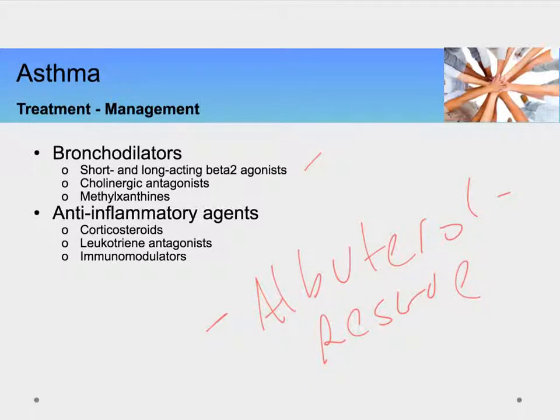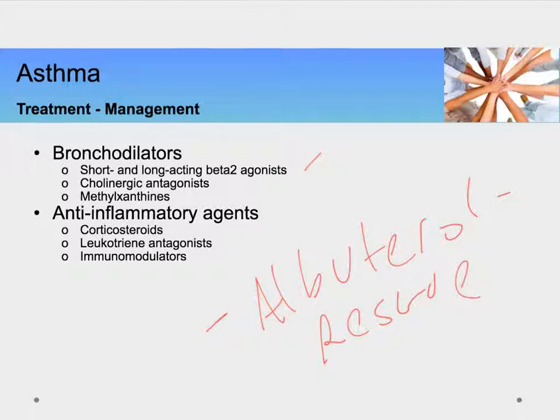Bottom line here really is that we have to educate our patients about the proper use of inhaled medications. There is a proper way to use it, and there are instructions listed in your book on how to use an inhaler correctly. That's sometimes a challenge with some patients. A spacer is sometimes provided.